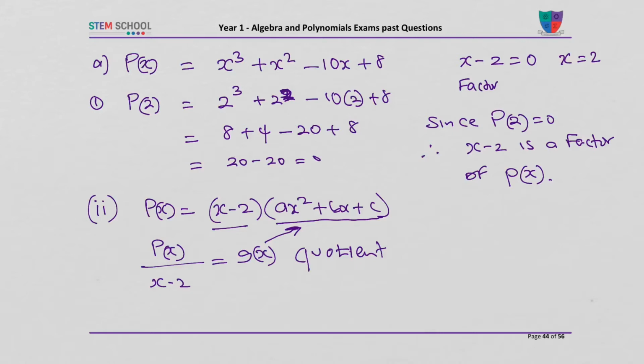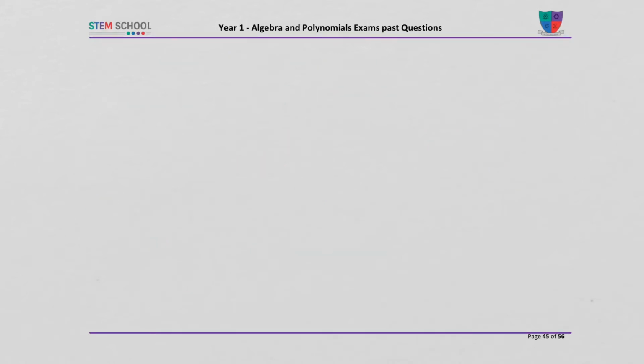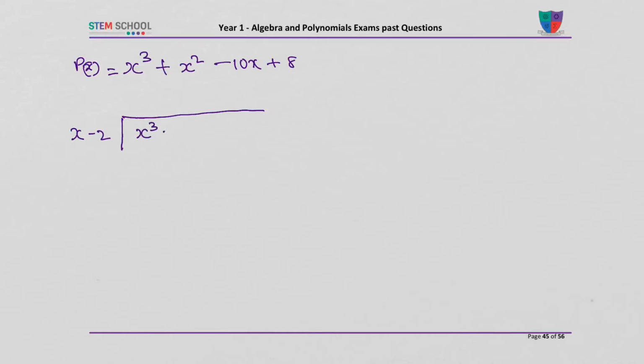Right, to do that, we now need to write p(x), x cubed plus x squared minus 10x plus 8.